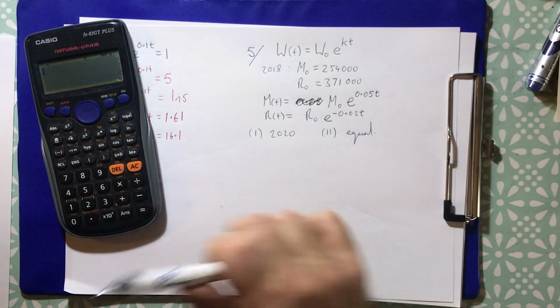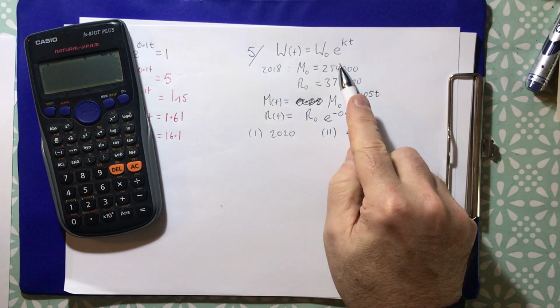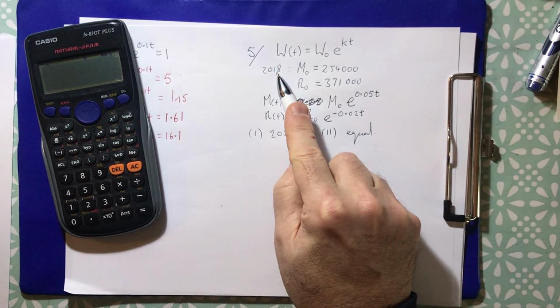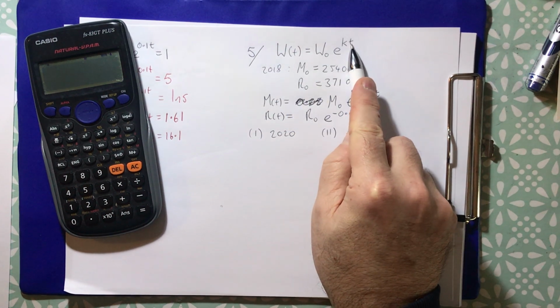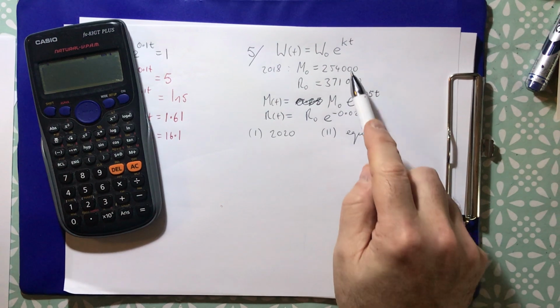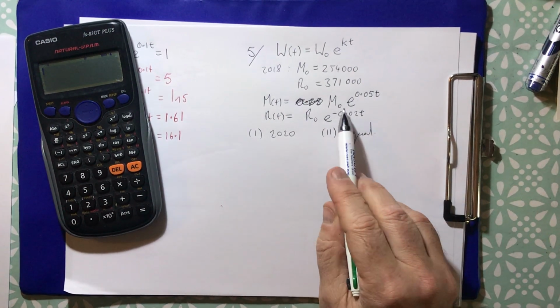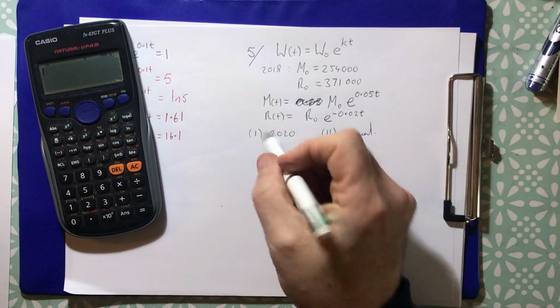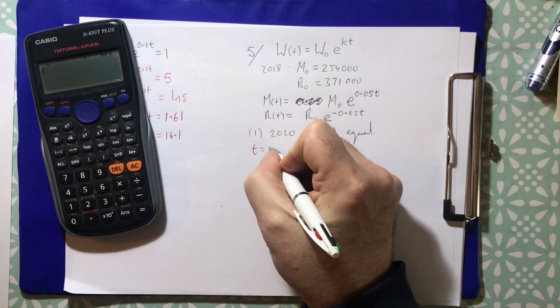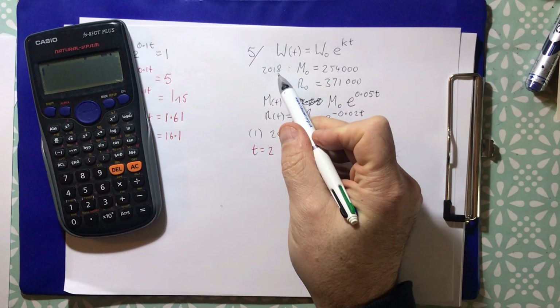Now in this one, it's populations of countries. That's your starting population in 2018. They told you t was the time in years afterwards. And they've asked me, first of all, what were the populations in 2020? Well, 2020 is just t equals 2, because 2020 is 2 years after 2018.